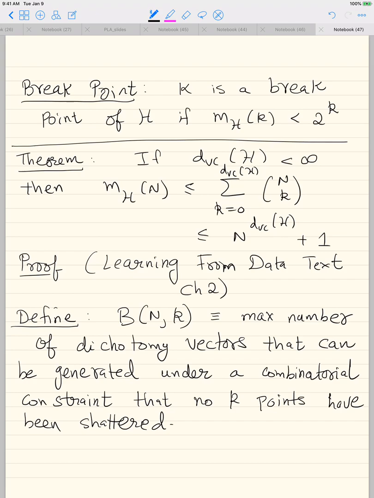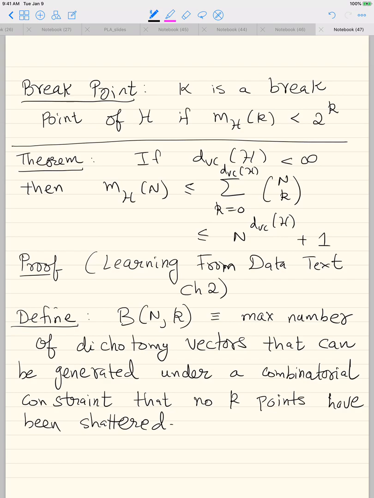Okay. Is this clear, the definition? Let me do an example to clarify this further. Here we are not directly associating ourselves with the hypothesis class and the VC dimension yet. We are just defining an object. B(n, k) is a number, and this number gives me the maximum number of dichotomy vectors of length n that can be generated under a constraint that no k points are shattered.